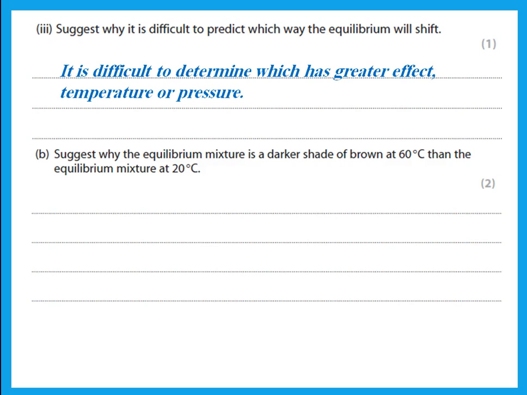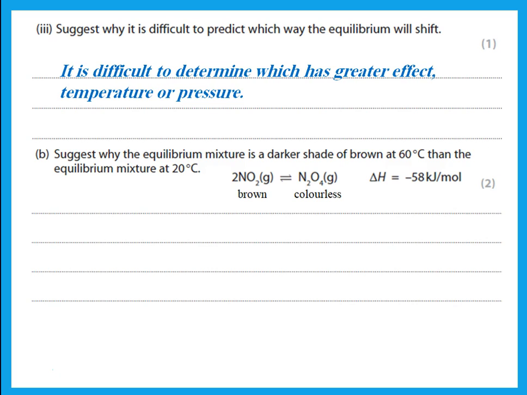Suggests why the equilibrium mixture is a darker brown. So if he says that he has this reaction, and we said that the NO2 is brown and the N2O4 is colored. Now he's saying at 60 degrees, the color becomes brown. So did he go forward or backward?